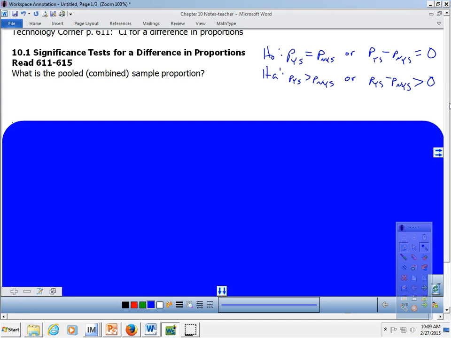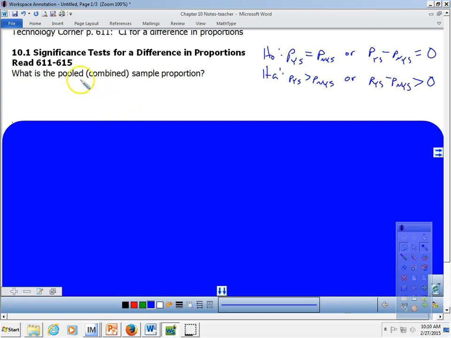Is that difference positive? And if it is, then it lets us know that the proportion of people that yawn with a yawn seed, if the test shows significance, is significantly greater than the proportion of people that yawn with no yawn seed. So anyway, that's basically what our hypotheses are going to look like.